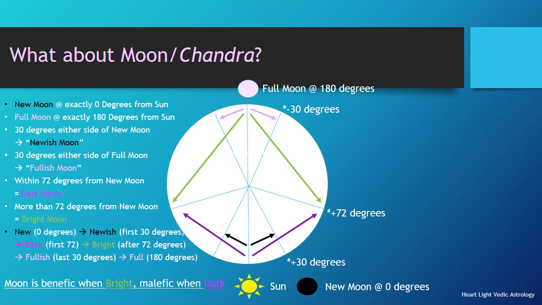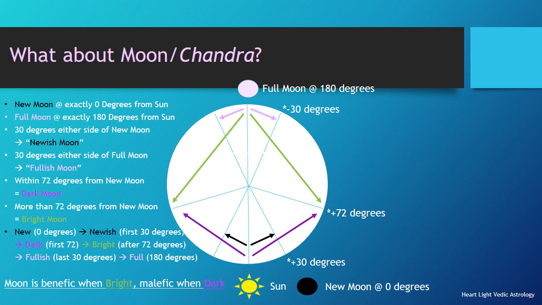Then you start moving into nuance and sort of shades of gray, or different phases of the moon. So 30 degrees on either side of a new moon, so that's either plus or minus 30 degrees from the sun, we would call this a newish moon. So it's a little bit softer. There's a little bit more range here.